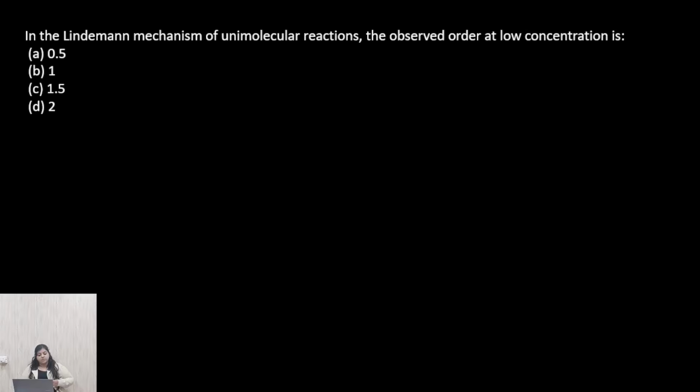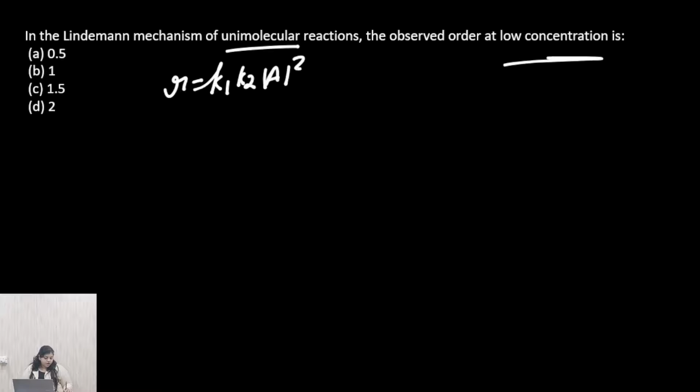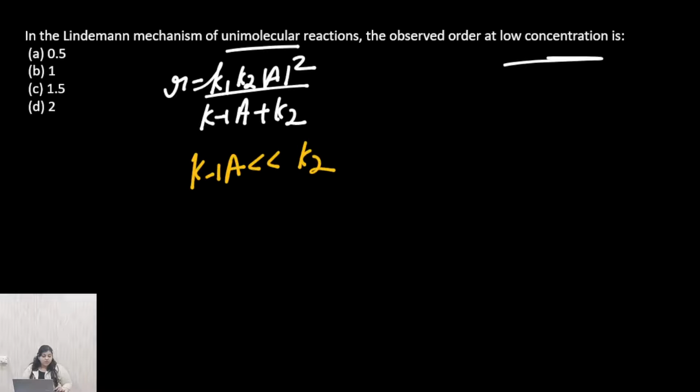Next question you have is this one. It says that in a Lindemann mechanism of a unimolecular reaction, the observed order at low concentration. So for a unimolecular reaction, the rate expression we have is K1 into K2 into A square upon K inverse of A plus K2. At low concentration, that means K inverse of A is less than K2.